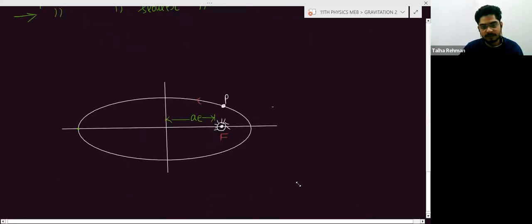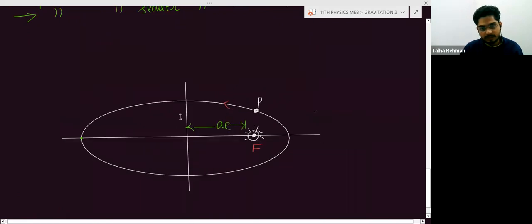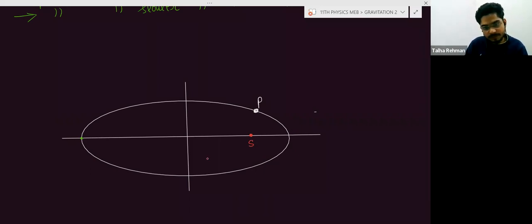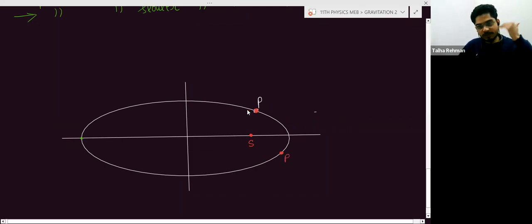So this is the ellipse, this is the sun at one of the foci, and this is the planet. S means the sun is on the focus. For example, this planet P is revolving around the sun and this planet moved from this position to this position.